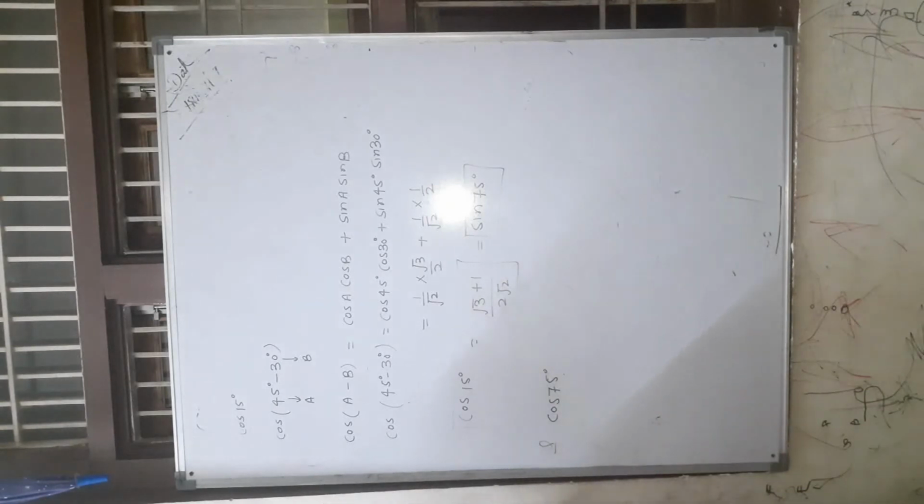How can we calculate the value of cos 75 degree?